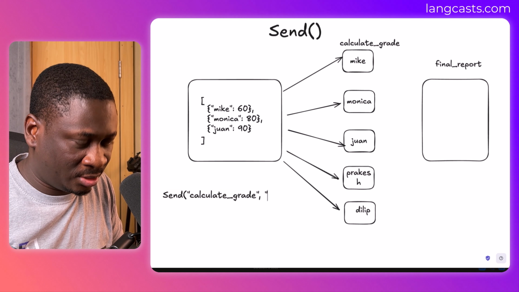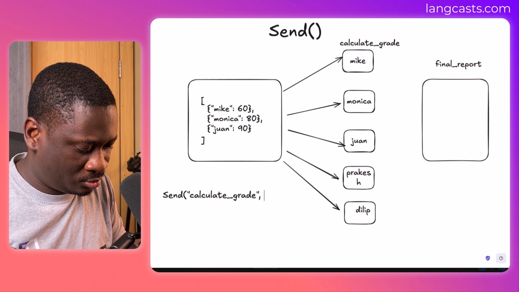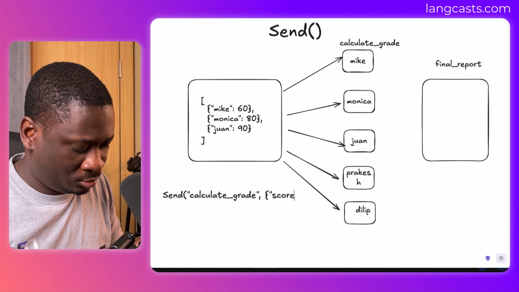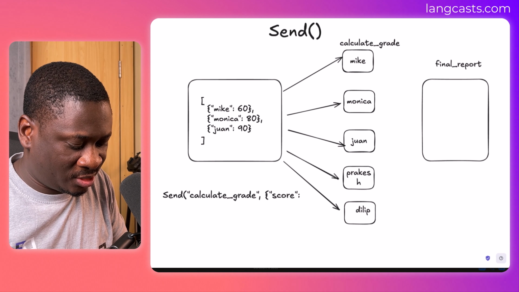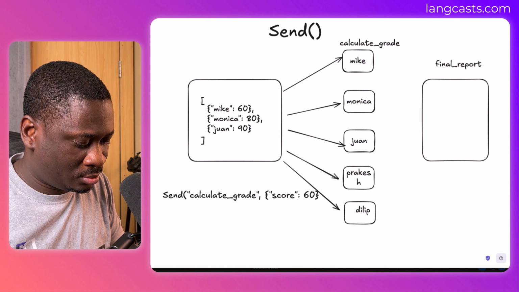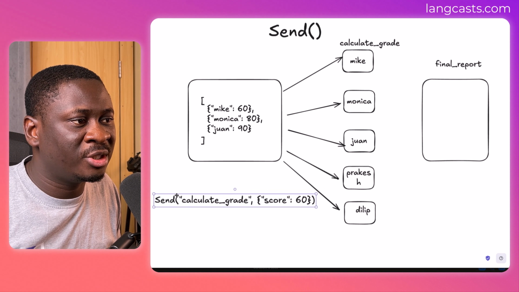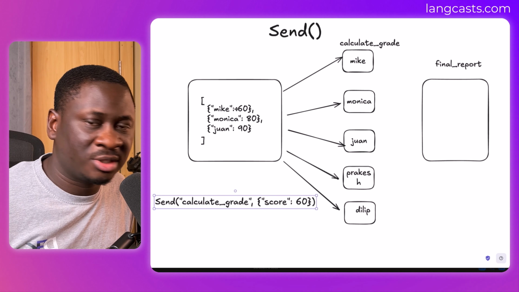Here we want to pass in the score for Mike, which is 60. This is one send operation. So you're going to spin this up for each of the records, each of the number of records.